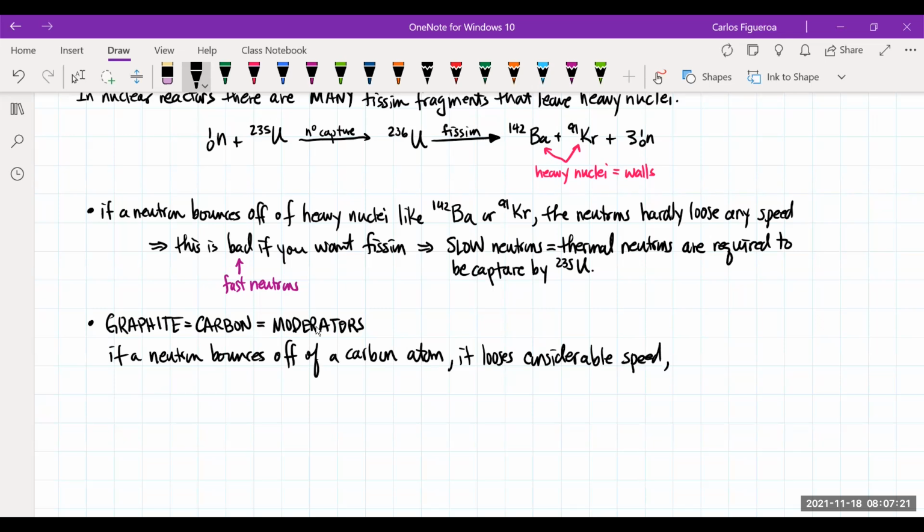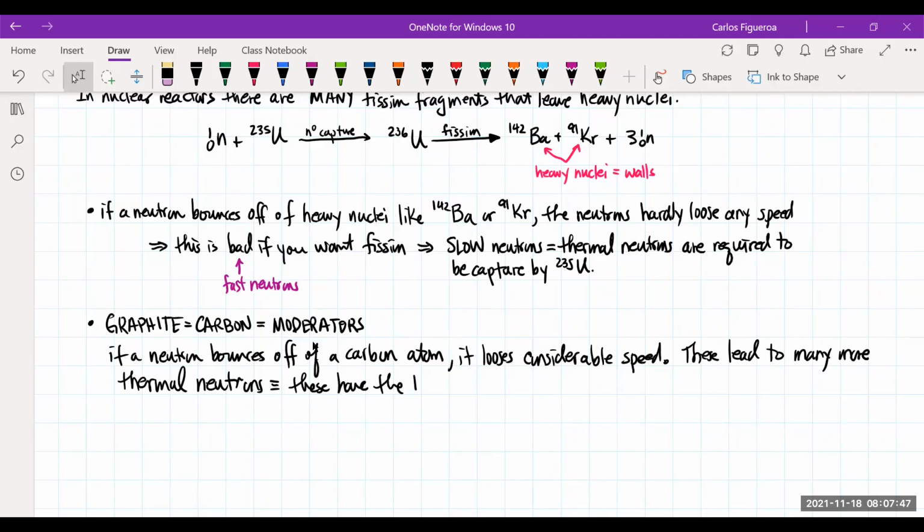And as a consequence, they lose considerable speed. These lead to many more thermal neutrons. In other words, these guys have the right speed to be captured by 235 uranium.